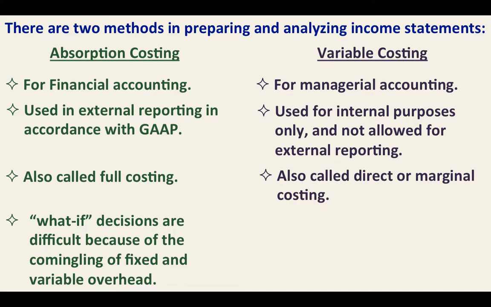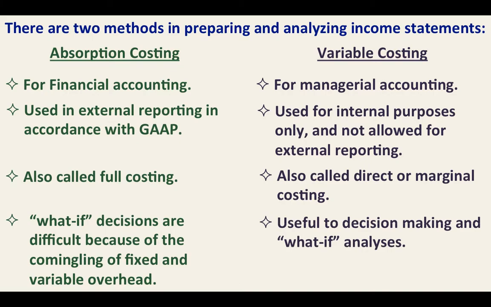So, medyo mahirap gamitin ang absorption costing if you are making what-if decisions. So, ang ginagamit for what-if decisions is variable costing. This variable costing is very useful in making what-if analysis. Okay?